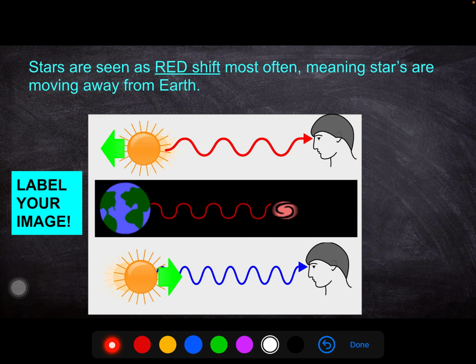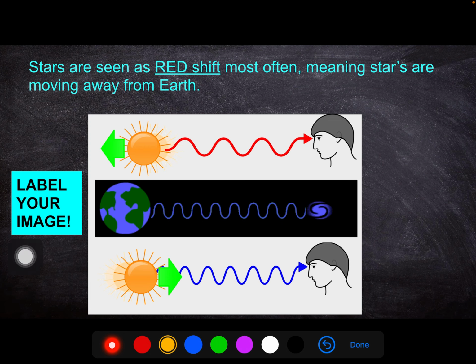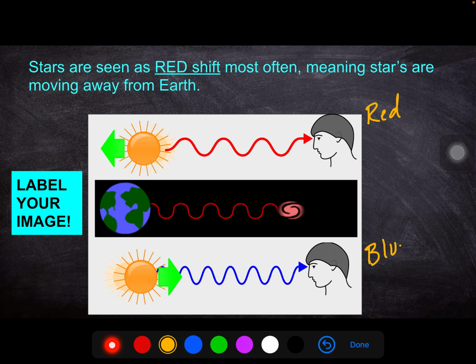So you have this really great diagram on your part 3, and we labeled up some key things. Here we can see this is, of course, the redshift because of its coloring, and down here we have blue. Now looking at the wavelength, we can see the difference.